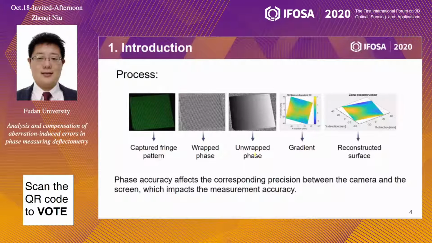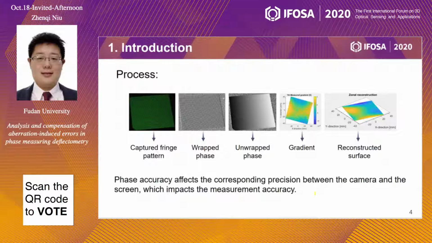Then, the gradient map can be calculated by using the angle bisectors between the incident rays and the reflected rays. Finally, the 3D surface can be reconstructed from the gradients.